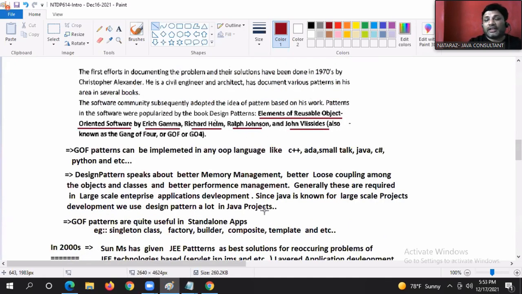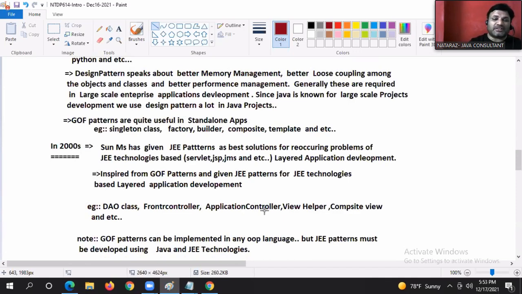Okay, but Java is not only there to develop standalone applications. Java is also known for developing layered applications, enterprise applications, where we don't write the entire logic in a single class. We write different logics in different classes, which are called different layers, and we make them talk to each other. While developing such layered applications, there is also a possibility of getting problems.